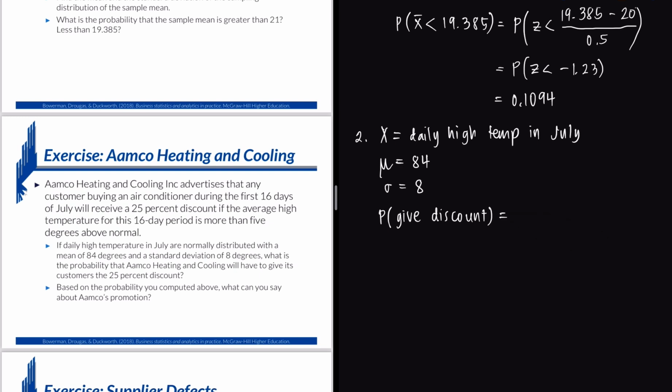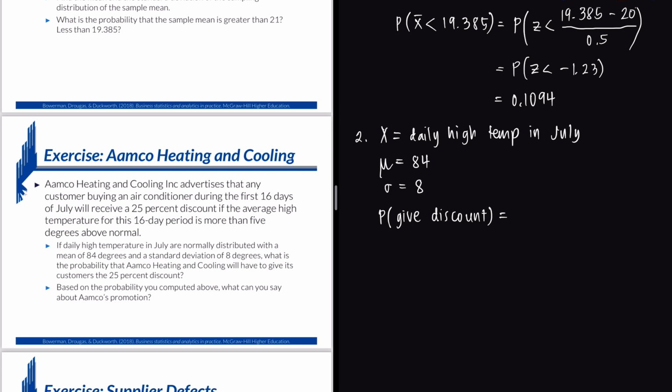Now, in order to compute for this probability, we have to translate this first mathematically to determine what exactly is the probability that we need to solve for. According to the first part of the problem, the company will only give the discount if the average temperature for the 16-day period is more than 5 degrees above normal.